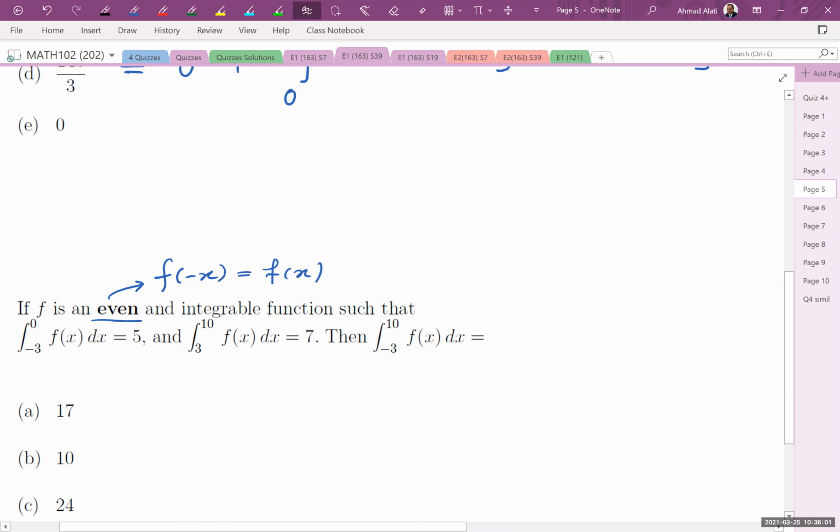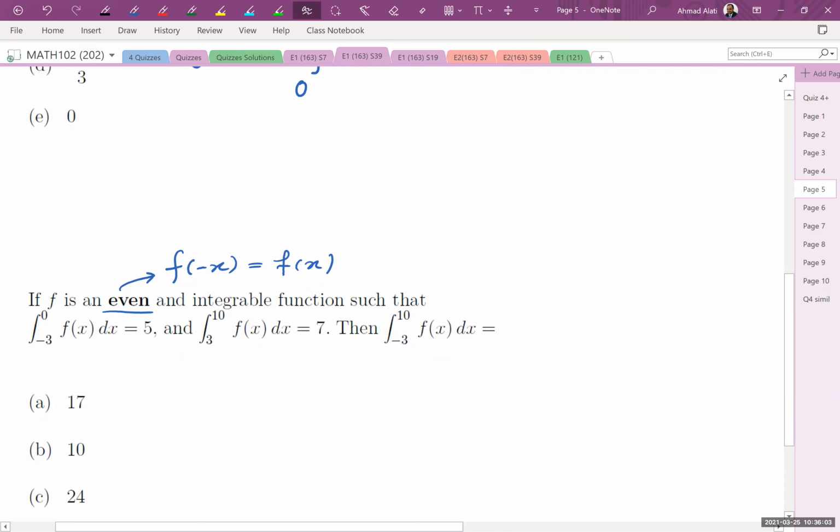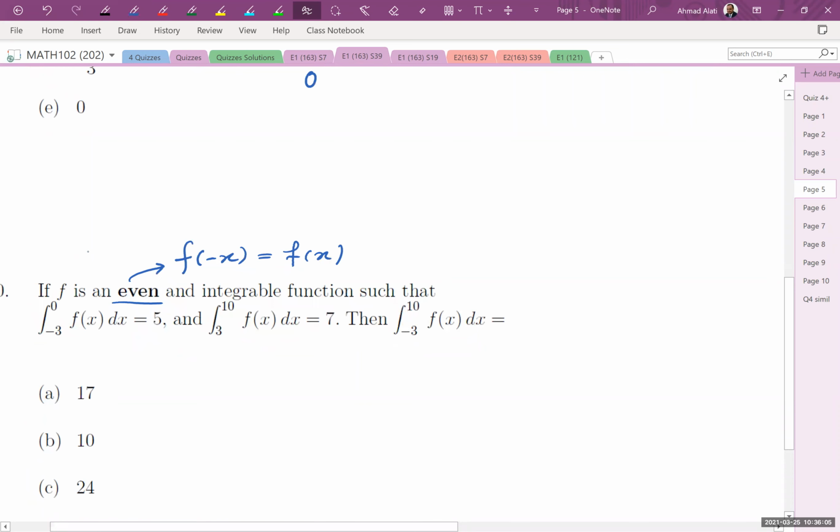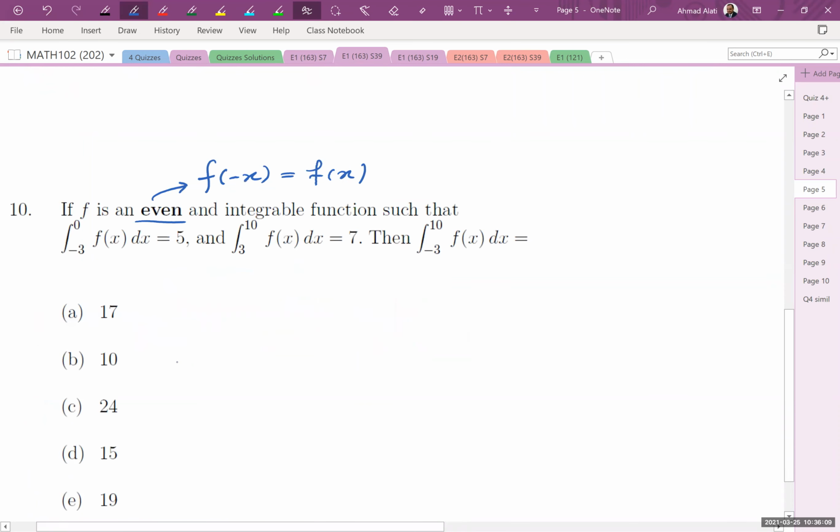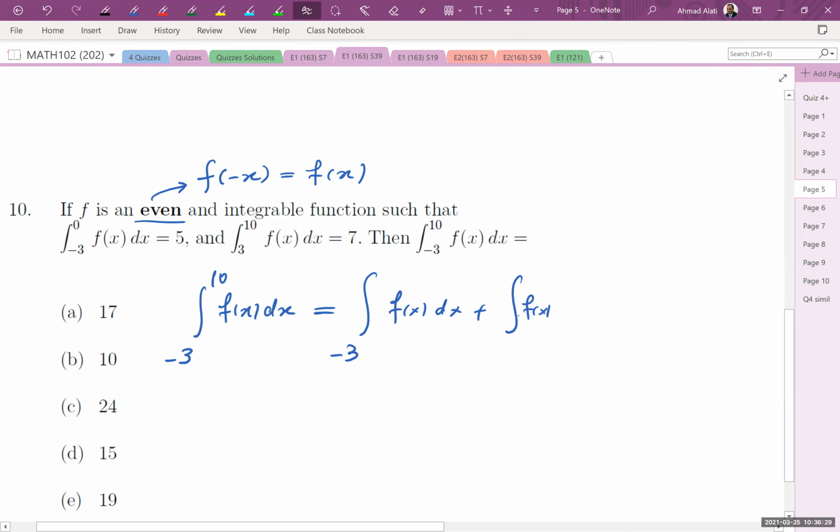How to solve this question? You have the integral from -3 to 0, and from 3 to 10. What is the integral from -3 to 10? How to find this integral? It is natural to think about the integral from -3 to what, plus the integral from what to 10? 3.